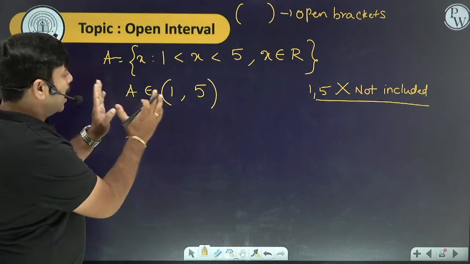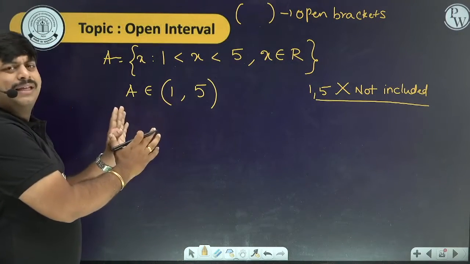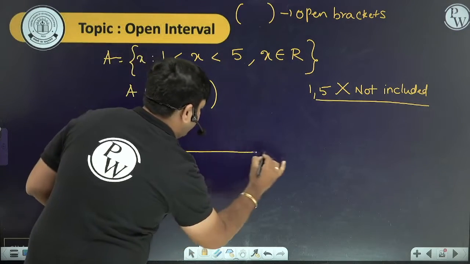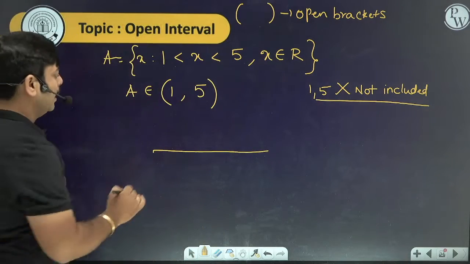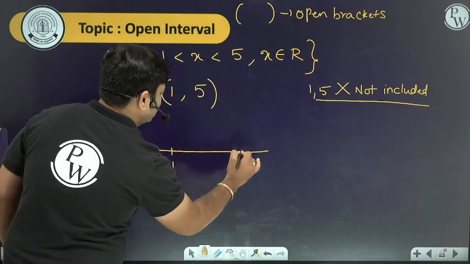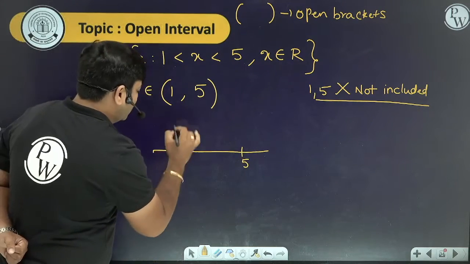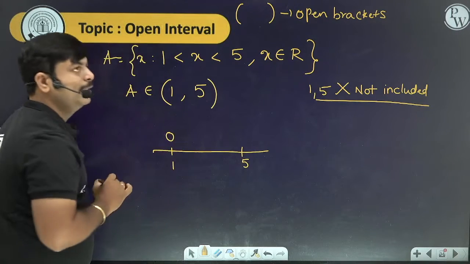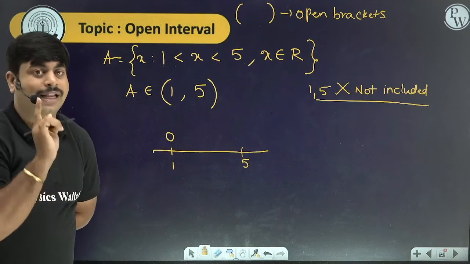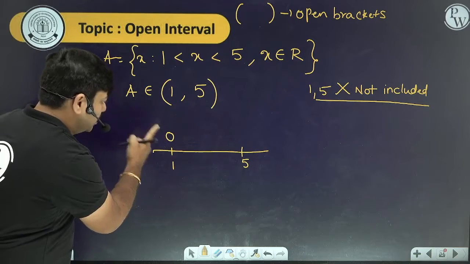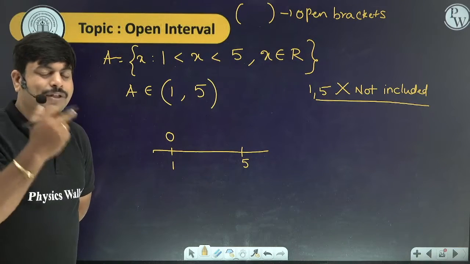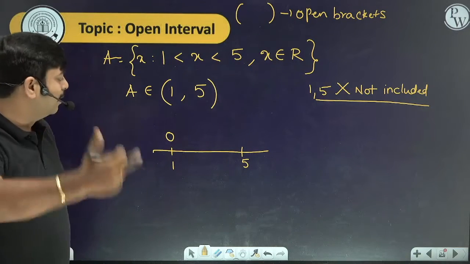So if I want to represent the same thing on a number line, I can start from 1, I can go to 5, but 1 and 5 should not be included. So the numbers where I am not including, I will keep a hollow circle like this. Listen once again, people, listen and learn.